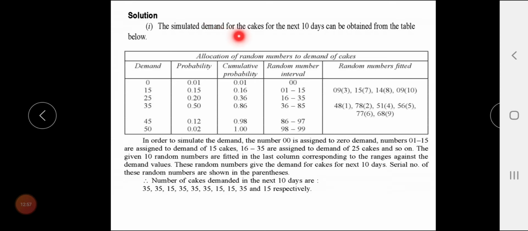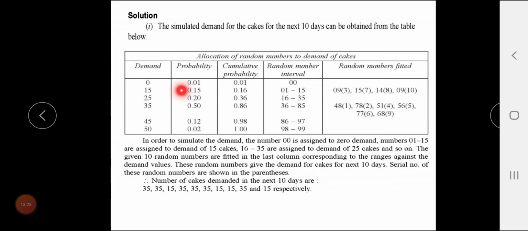Simulated demand for cakes for the next 10 days can be obtained from the table. So you keep the given demand data in one column: 0, 15, 25, 35, 45 and 50. This is the variable demand, then the probability of each demand, then cumulative probability. What is cumulative probability?